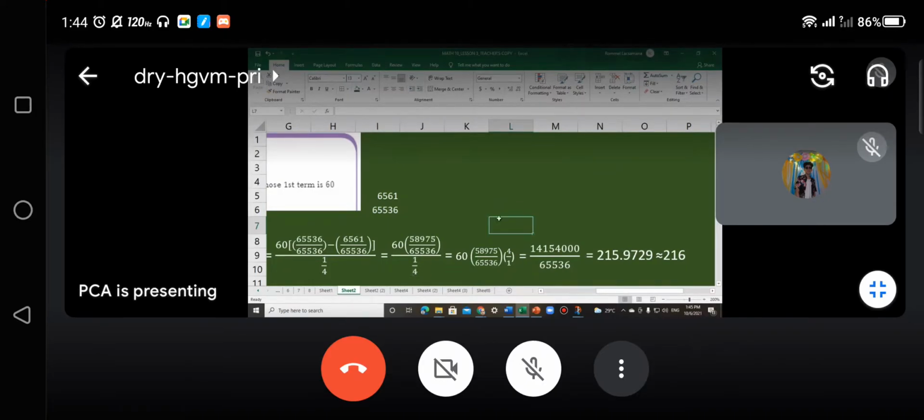You want your denominator gone, so get the reciprocal. It's 4 over 1, the reciprocal of 1/4, and that denominator becomes a numerator. You go 60 times 58975 times 4 over 65536. This is your answer.